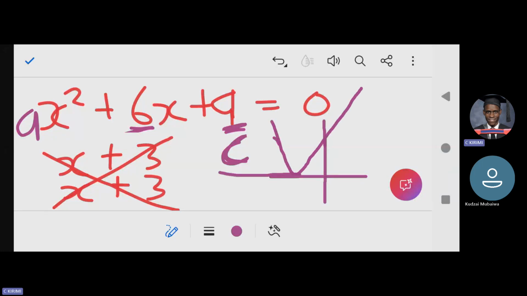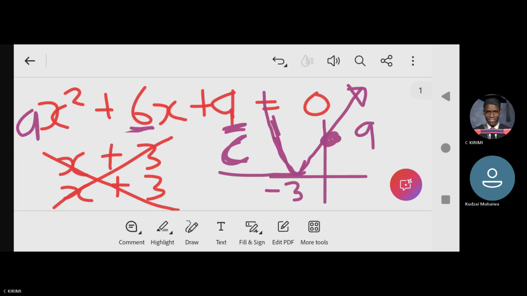Then it goes there. Is it clear? Yes, sir. At this point, we are having +9. And at that point, your root is just one, which is -3. In terms of sketching, you must indicate it's a quadratic, which means it has that parabolic shape, cutting at -3. Any question there?